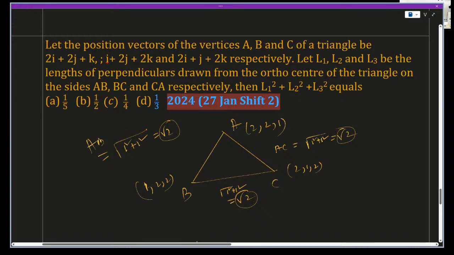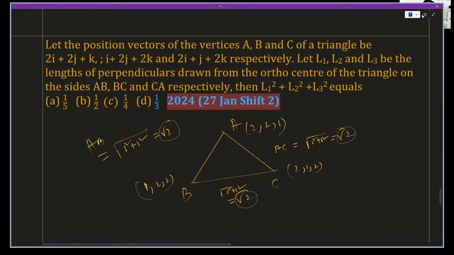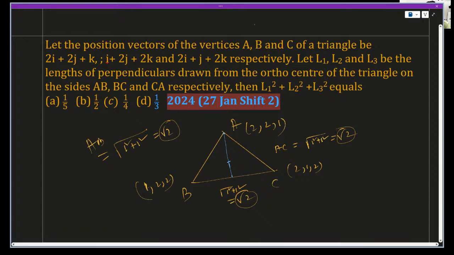Another thing you should remember, that basic concept is as important as the advanced one. This centroid will divide the median in the ratio 2:1, and this point is the midpoint.